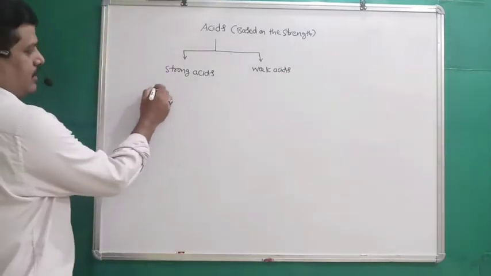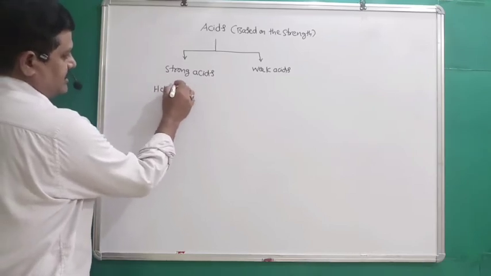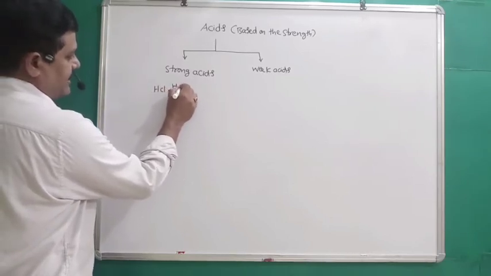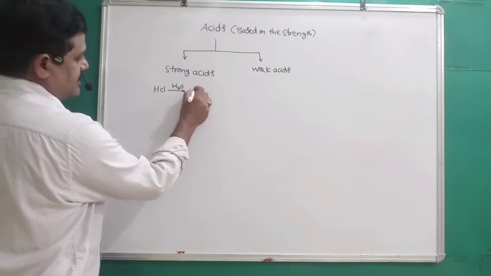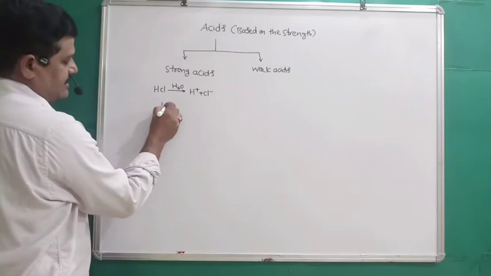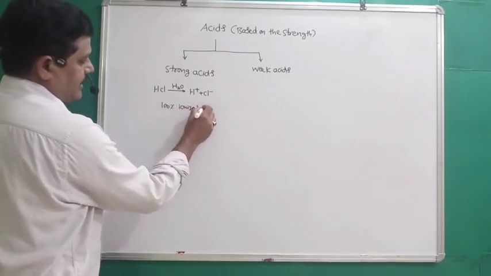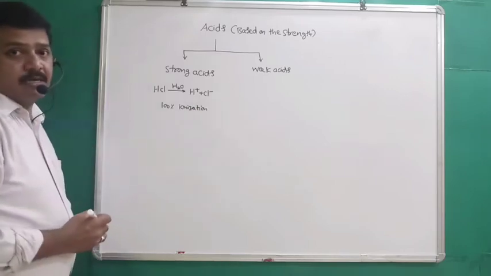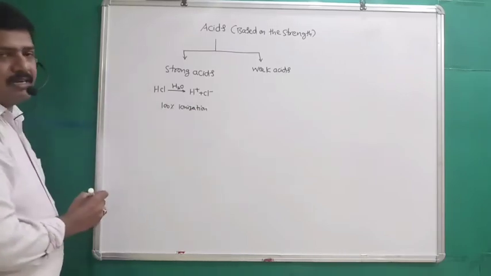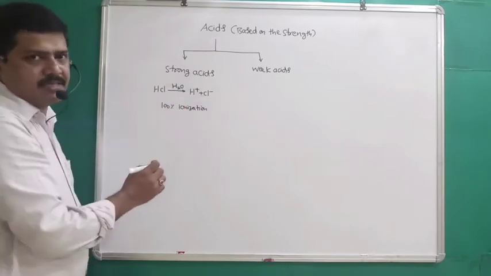For example, if you take HCl, when we put HCl in water, it will ionize completely to give H+ ion and Cl-. We can write it as 100% ionization takes place. For the strong acid, there is no molecular form, only ionic form exists.